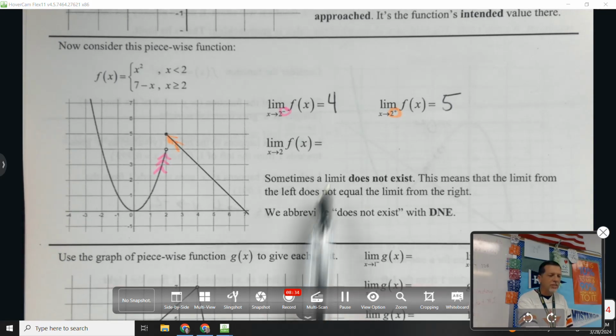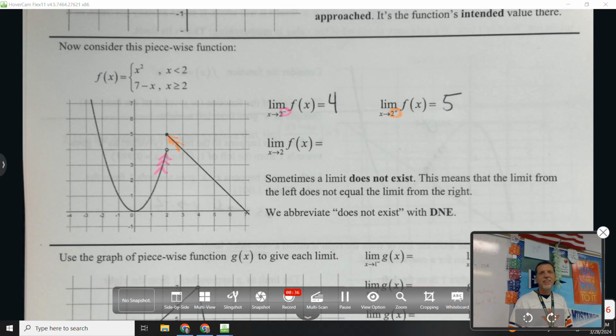So what do you think the limit is as x approaches 2? If we don't have a side on there, there's usually 2 guesses that people give. One of them's right, one of them's wrong. What's the overall limit? 5. Okay, 5 because there's a dot there. That's not the right answer, but I see what you're thinking. 4.5 because that's the average.